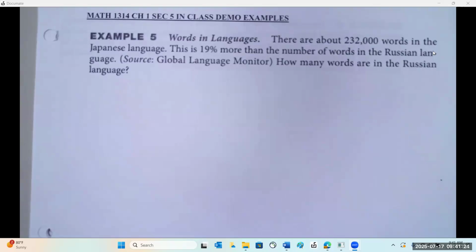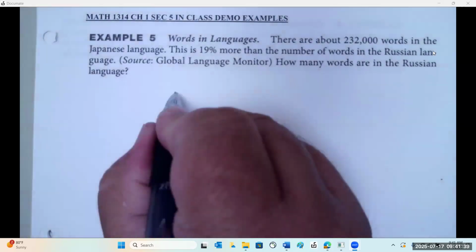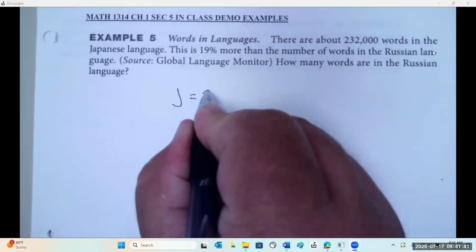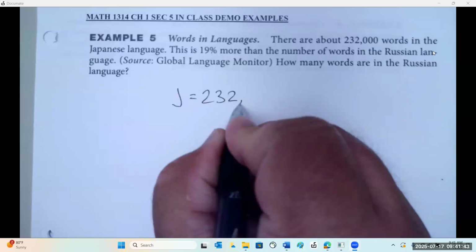Again, you have to learn how to start reading for specific information. So what does the first sentence tell us? Yeah, the Japanese language has 232,000 words.